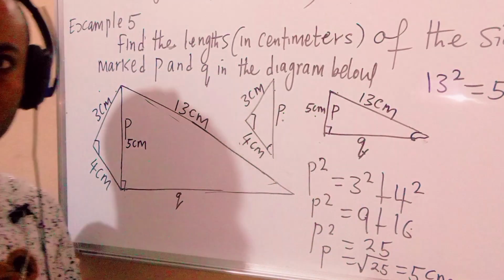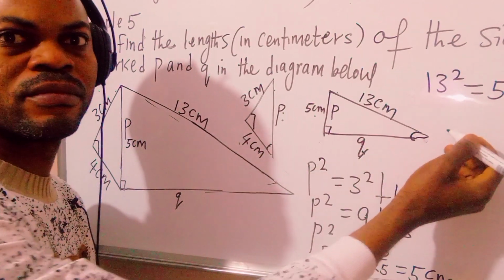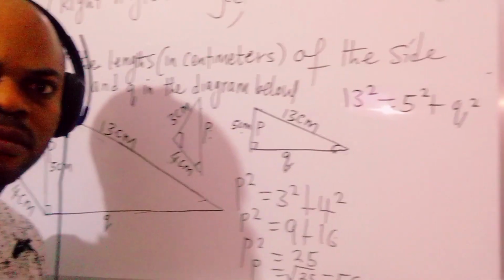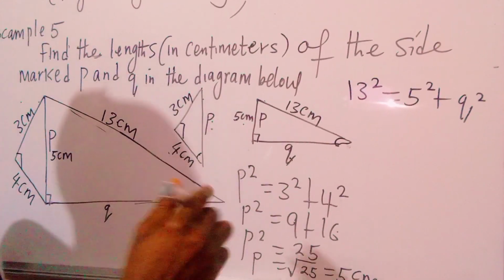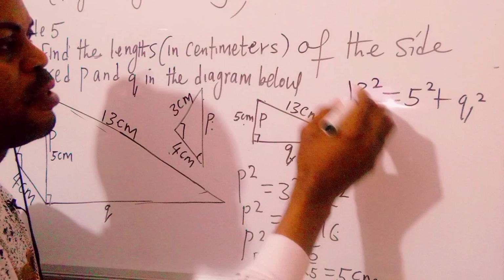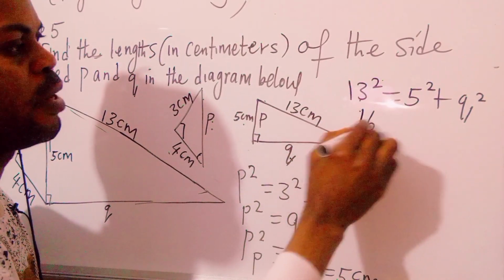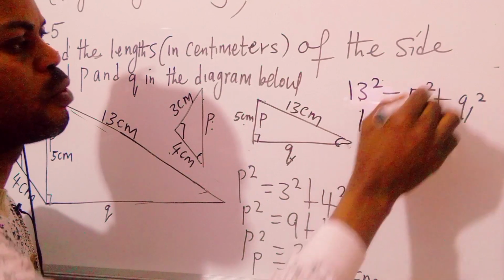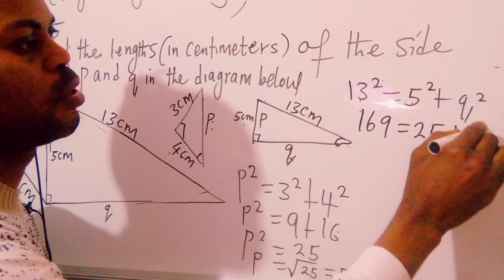Having done that, 13 squared will give you 169, equal to 5 squared, which will give you 25, plus Q squared.